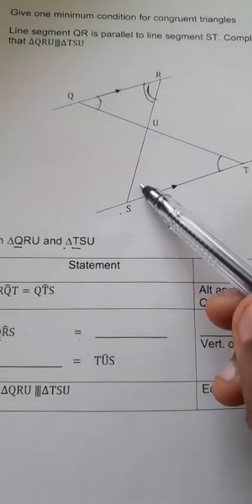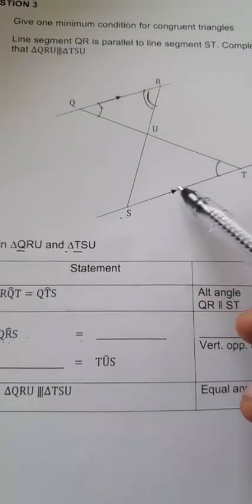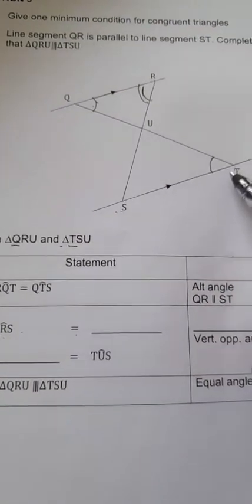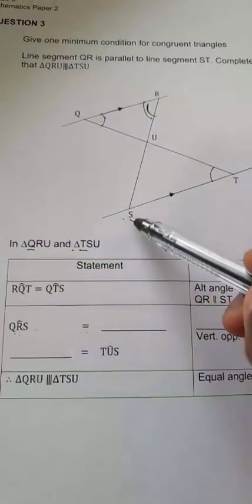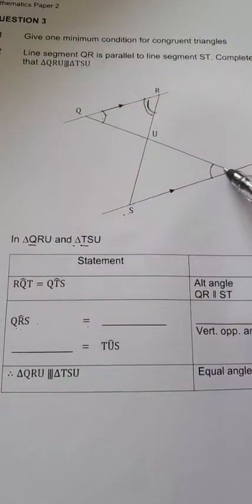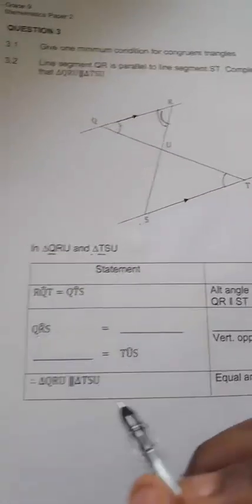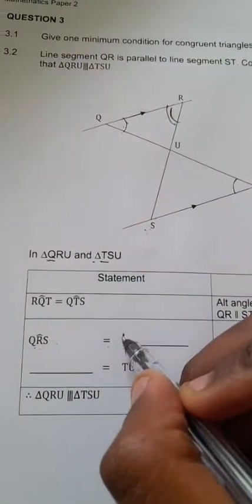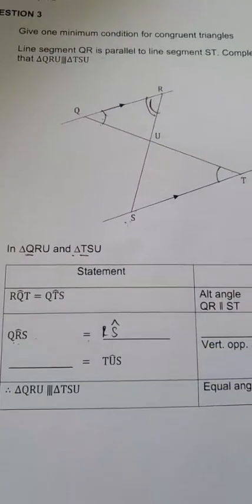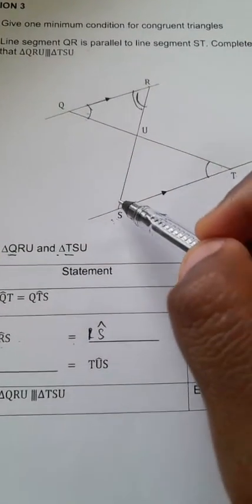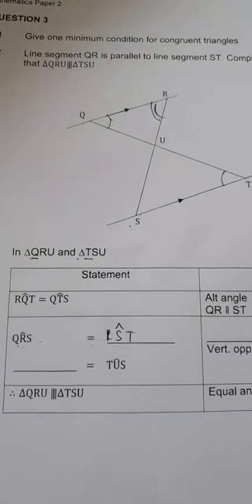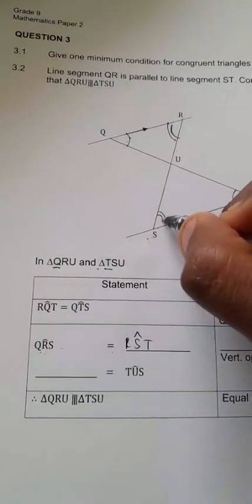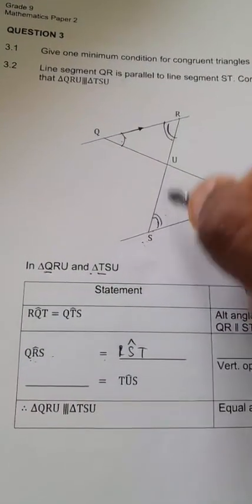It's equal to angle S, right? So we are just going to use the same notation. TSR, or we can say RST, middle letter. Okay, so let's do this. RST with a cap to signify the angle we are referring to. RST. Okay, this angle.